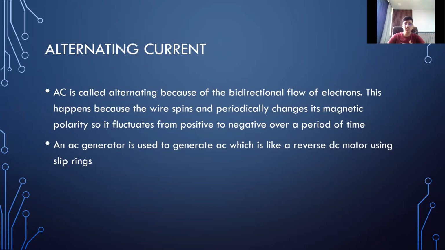You use energy from your body to turn the axle around, which cuts the field lines of the magnet. So there is no reversing of brushes here, which means that the current is not direct. It is not reversing every half turn. It is not in the same direction, which means that it is changing over a period of time.